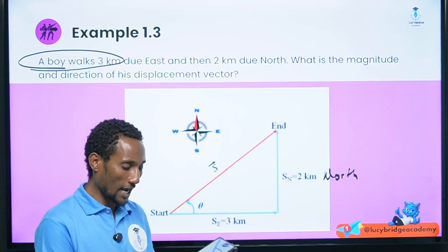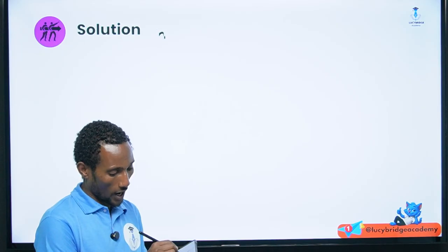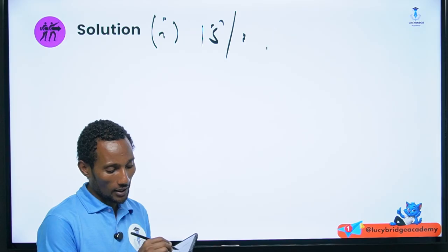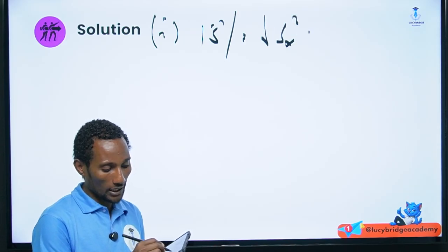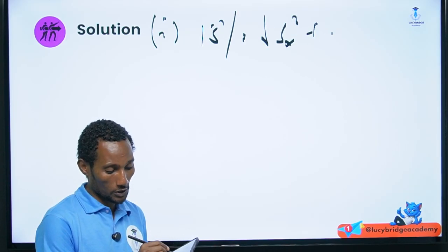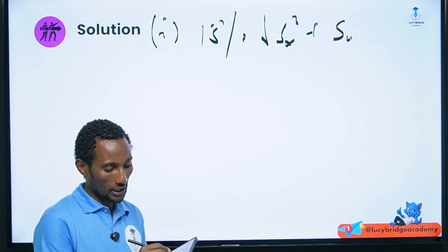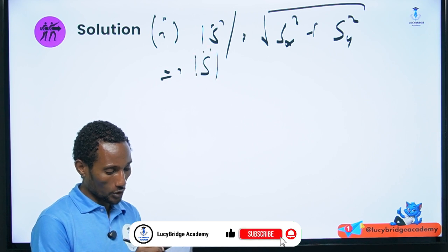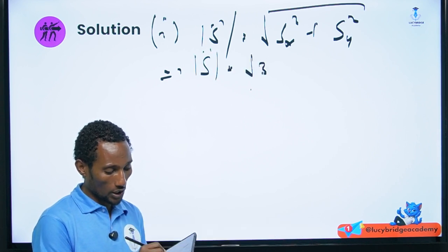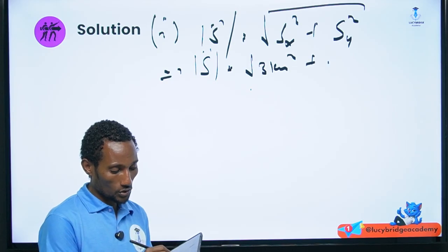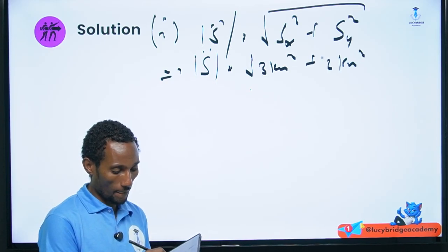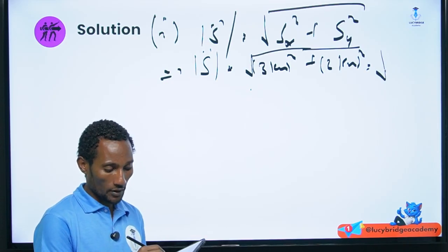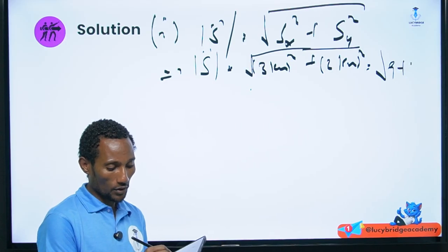The magnitude is given in our solution. First, the magnitude of the boy's displacement is the square root of the horizontal displacement squared plus the vertical displacement squared. So it is the square root of 3 kilometers squared plus 2 kilometers squared, which is the square root of 9 plus 4.